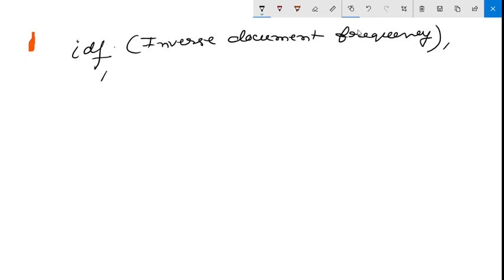Write down the weight of the rare words.